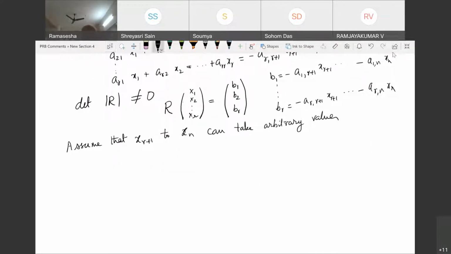I can solve for x1, x2, etc. in terms of R inverse times B1, B2, to BR.